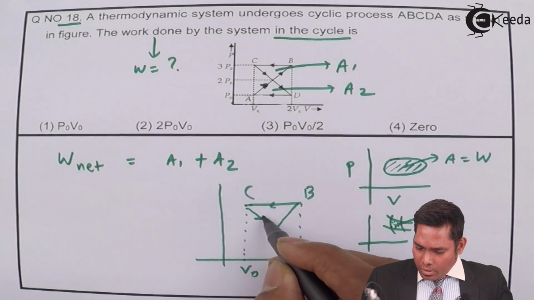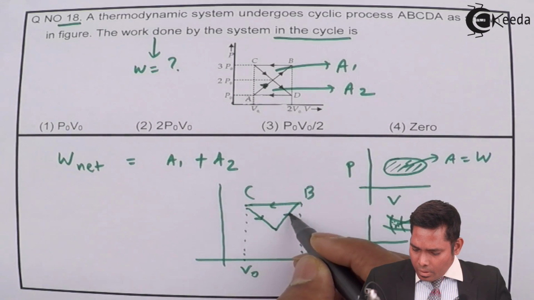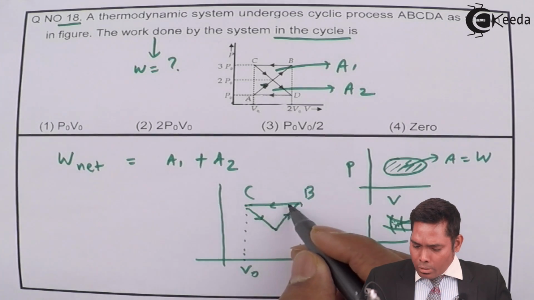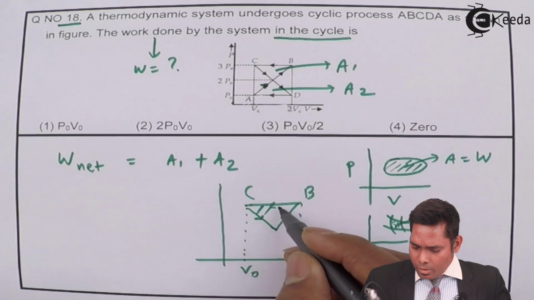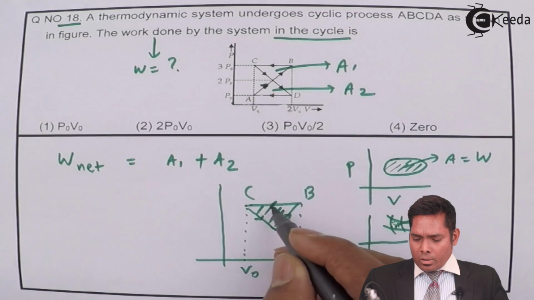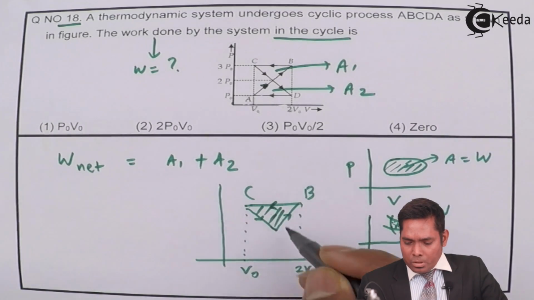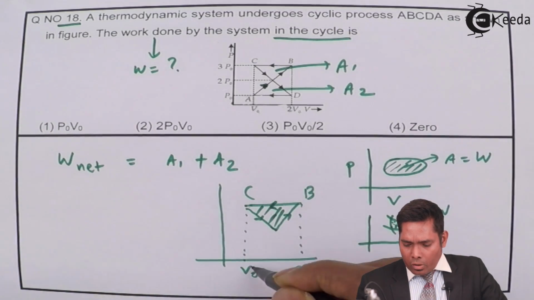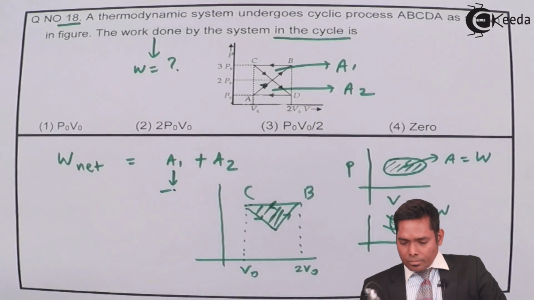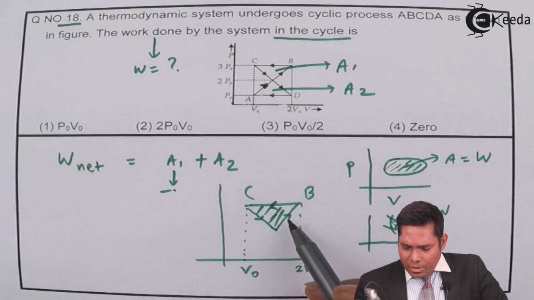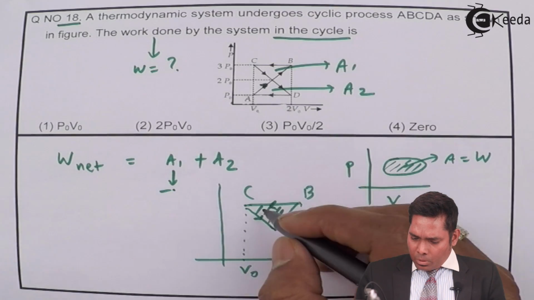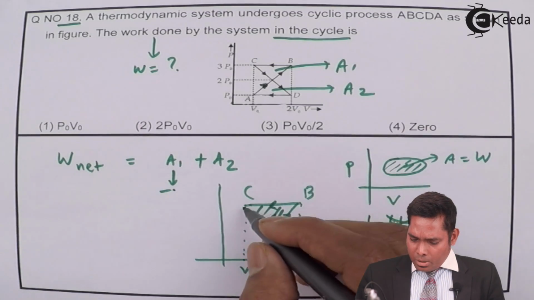Here the total work done is this one, and this has to be negative because this is compression. The volume is compressed from 2V naught to V naught, so this area is a negative area. And how much is this area? It is the area of the triangle, that is half base into height.